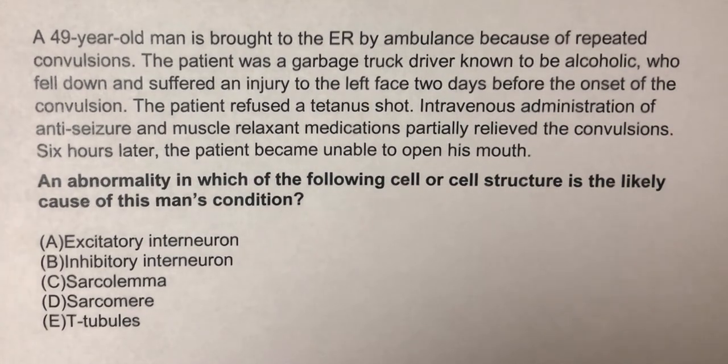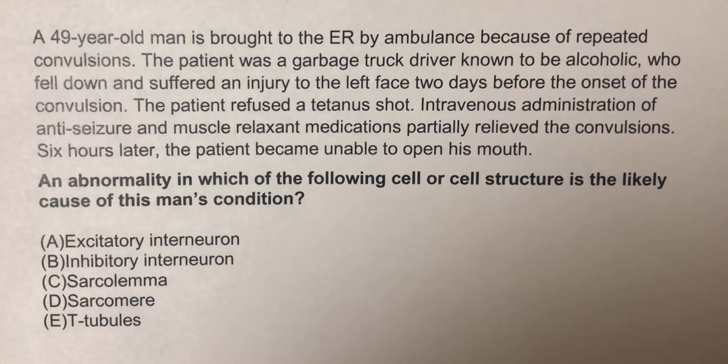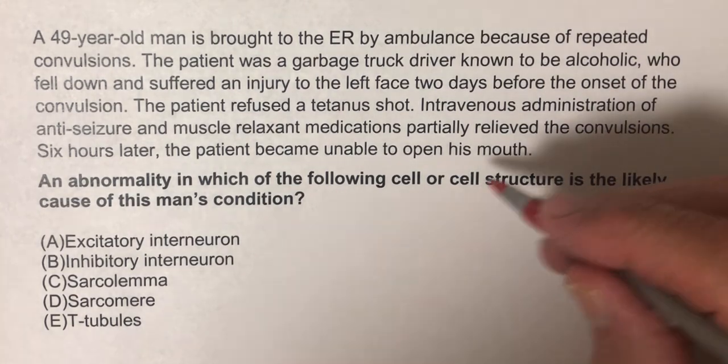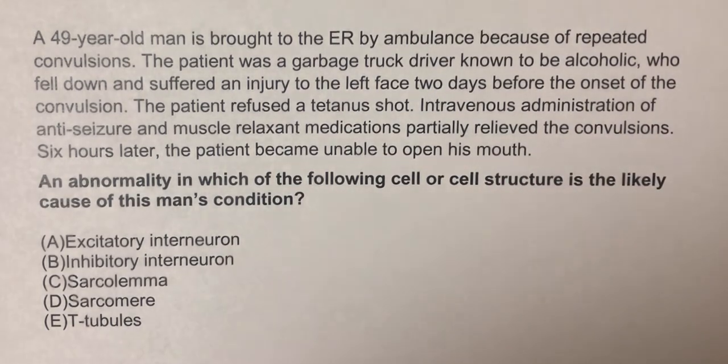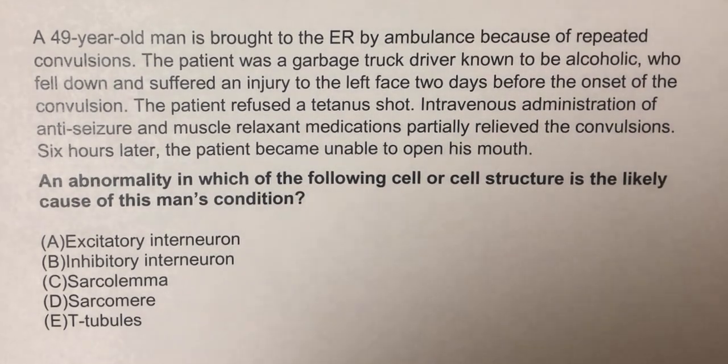If we inhibit an excitatory neuron, we get inhibition. So we have two possibilities here. Either there's overexcitation of the excitatory interneuron as the primary cause of this man's inability to open his mouth due to some sort of rigidity or convulsions or seizures in the muscles, or it could be that the inhibitory interneuron is inhibited.